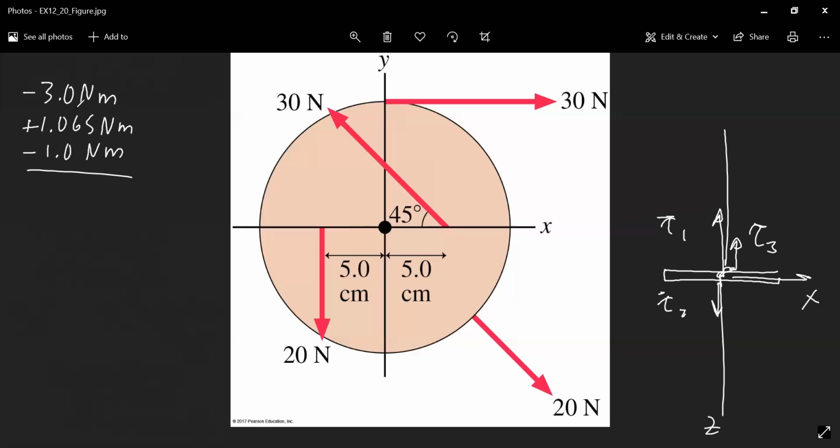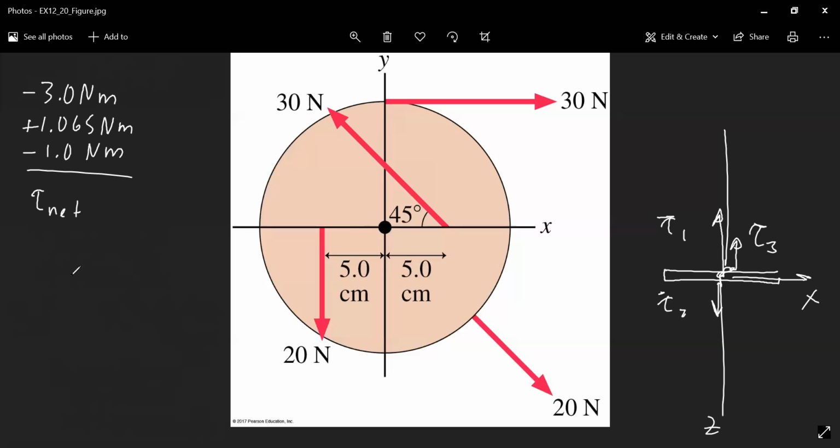And this is the hybrid sort of picture way of adding all these things together. But the simplest way that I would add this is I would take the 3 and the 1, that makes minus 4, and then take away 1, so that's 3, take away 0.06, that's 94, take away 0.005, that makes it 93.5. So sure enough, we're left with a net torque.